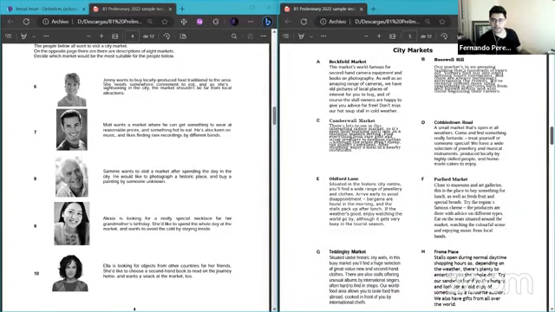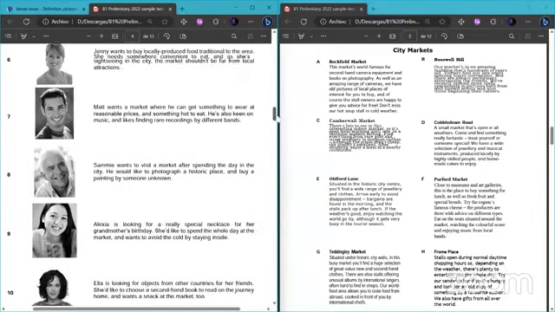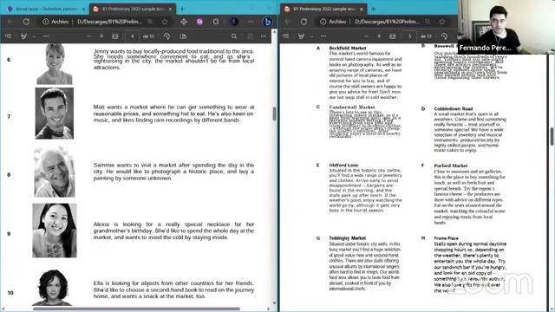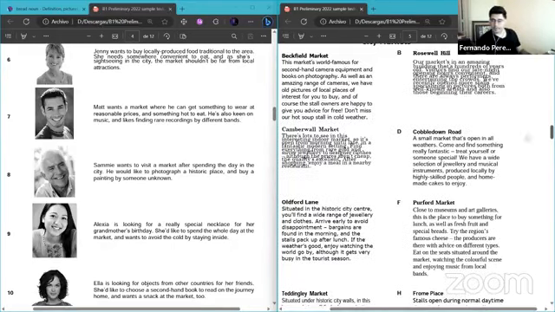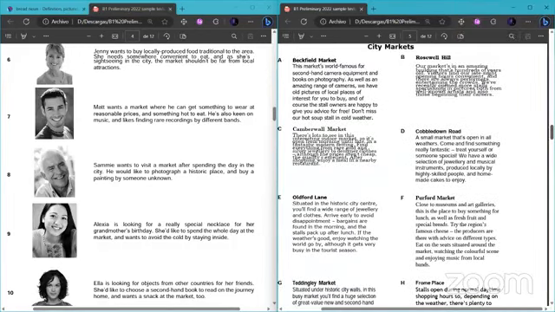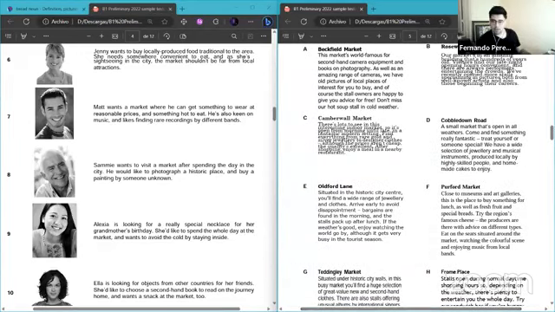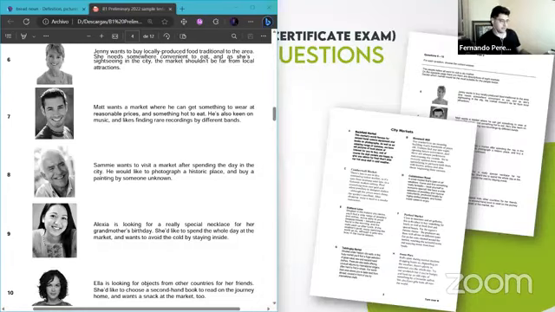Can you read it completely, or is it too small? It's good for me. It's good for you? I guess it's a little bit small. Okay, city markets. If I make it bigger, it doesn't fit. That's a problem. Okay, let me do some magic.